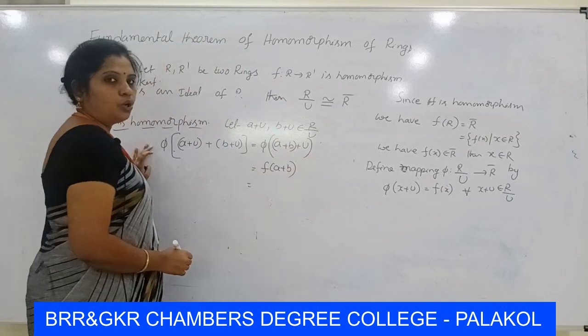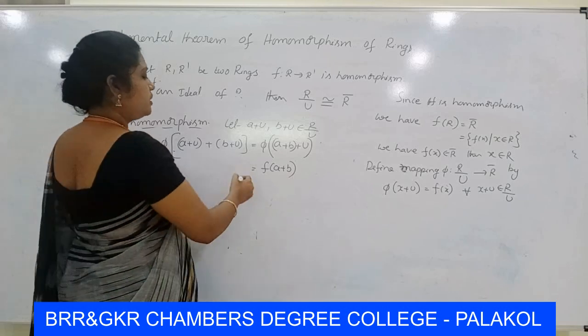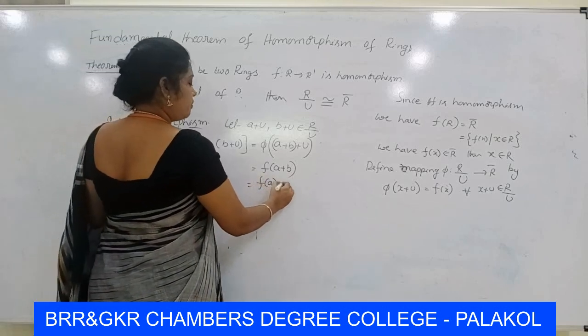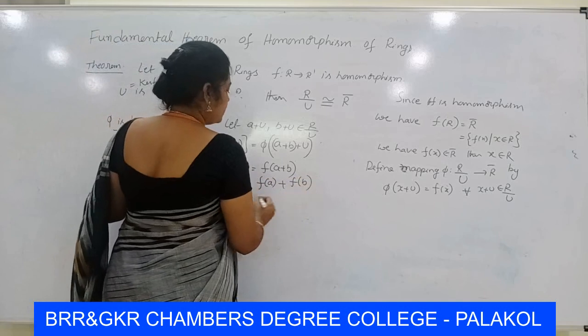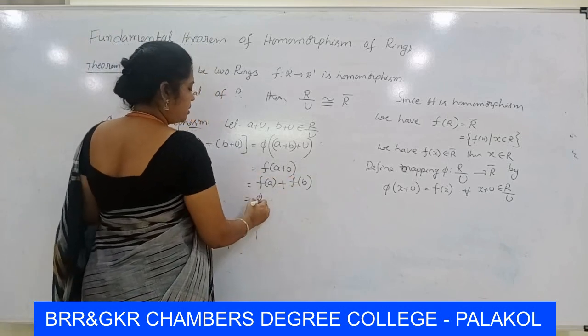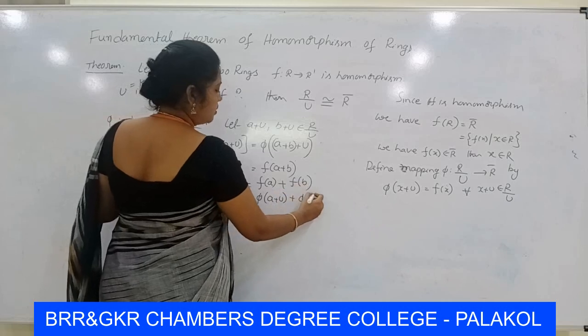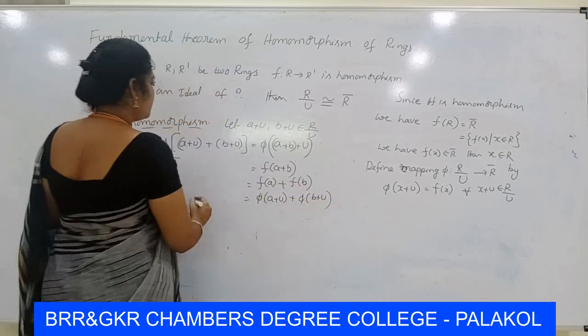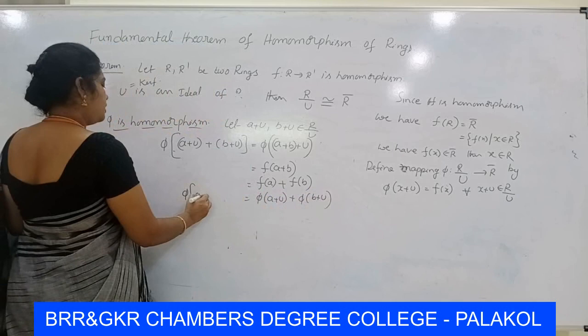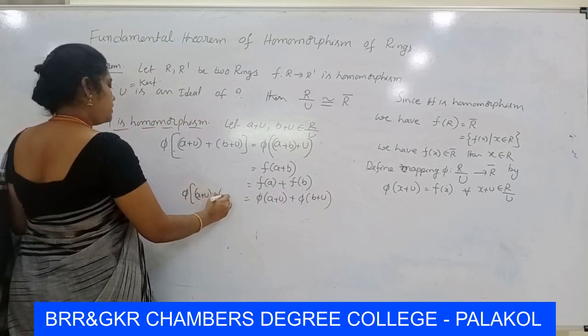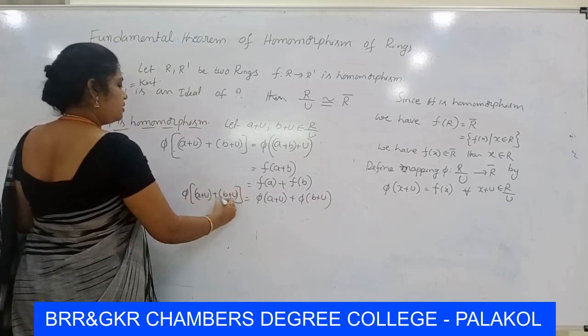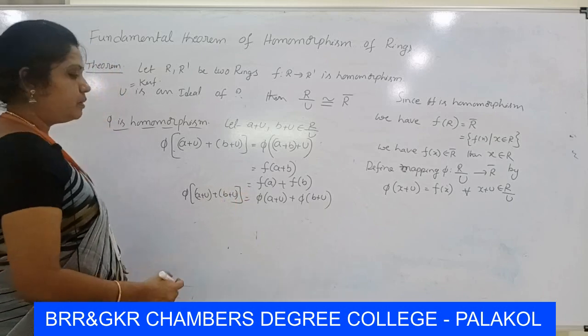Here f is a homomorphism, so this can be written as f of a plus f of b. So f of a is phi of a plus U, and f of b is phi of b plus U. Therefore phi of a plus U plus b plus U is equal to phi of a plus U plus phi of b plus U.